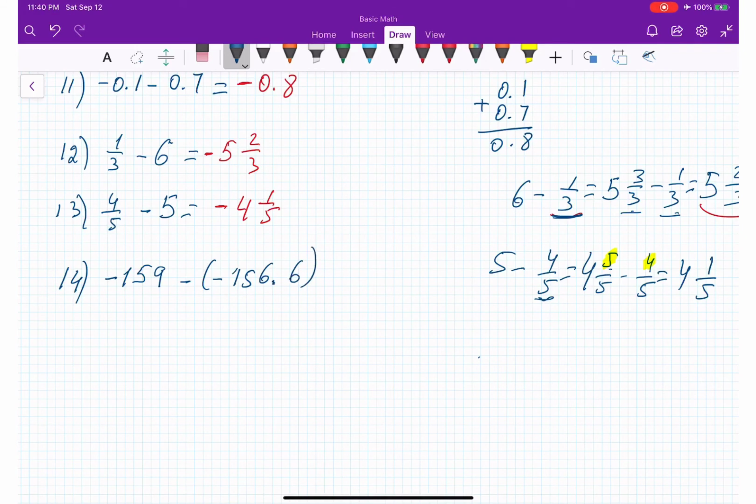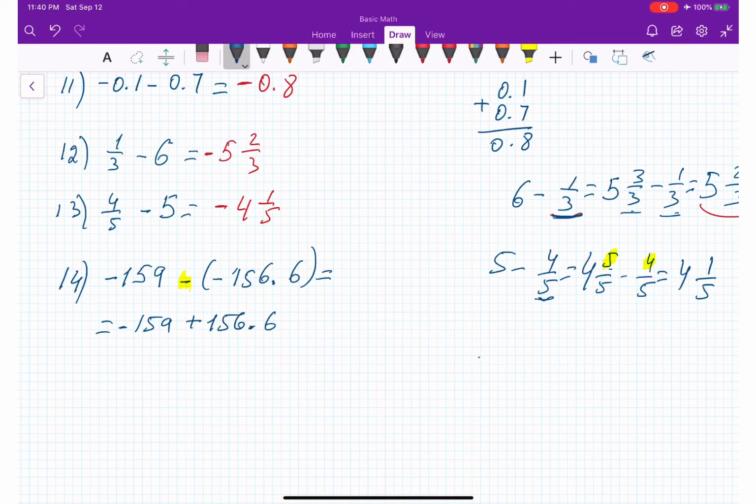First of all, because I have negative here, this 156.6 is going to flip the sign. It's going to be equal negative 159 plus 156.6, yes?